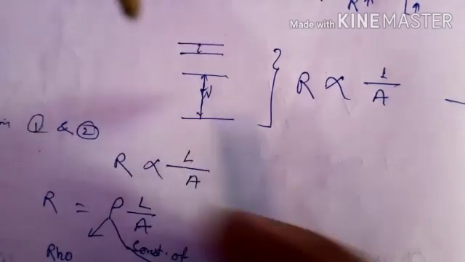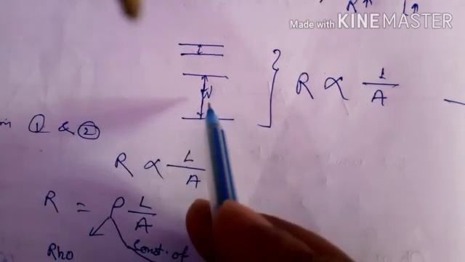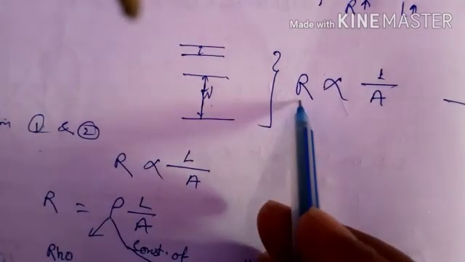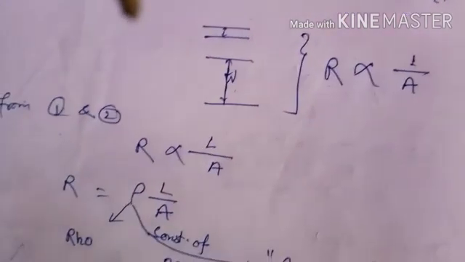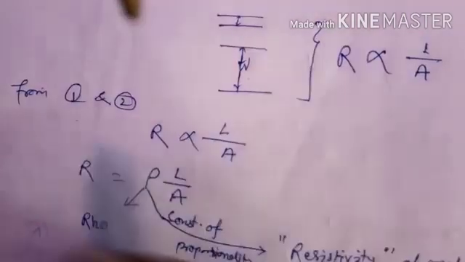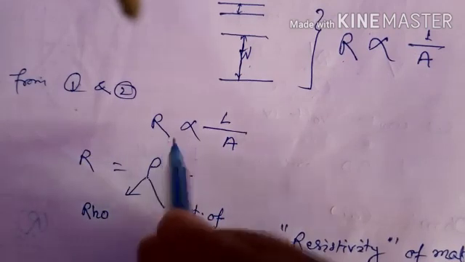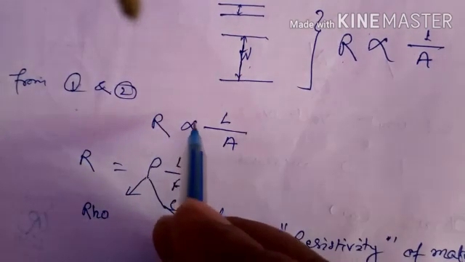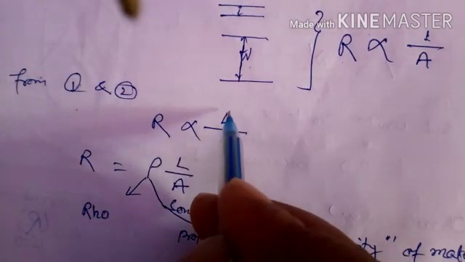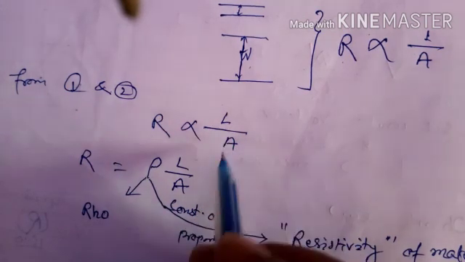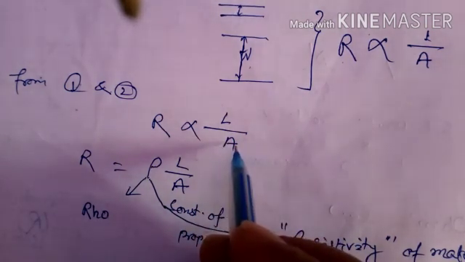If the area of cross section is more, the resistance will be less. So combining both equations, we can write that resistance is proportional to length and inversely proportional to area of cross section.